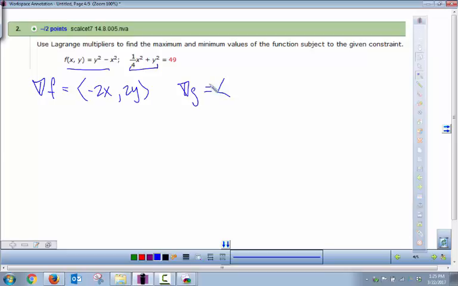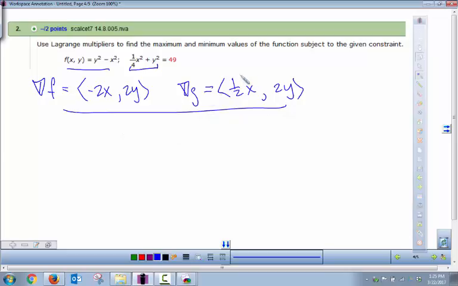No, that's fine. That's right. All right. So now this one with an x, it'll be 1/2 x, comma 2y. Right? And then we're ready to build our equations.